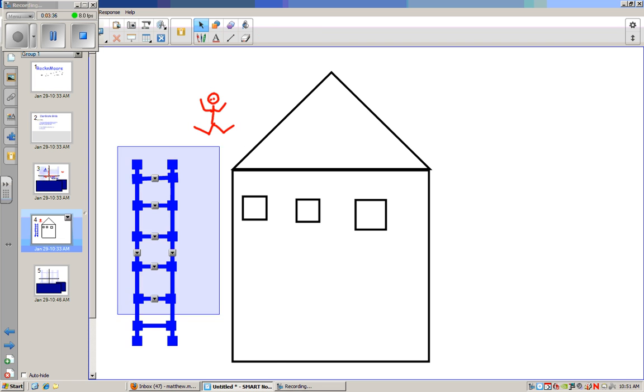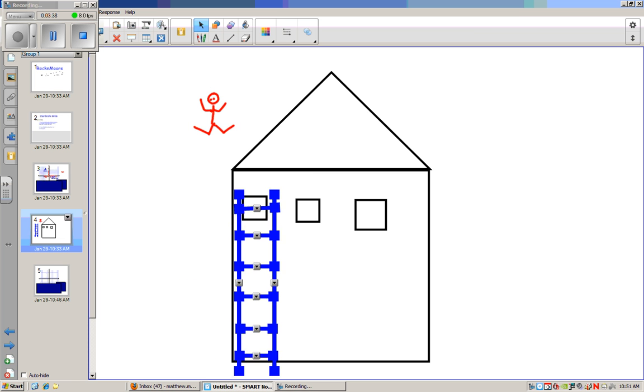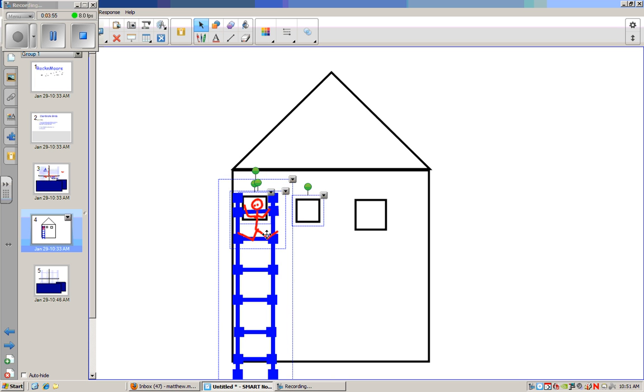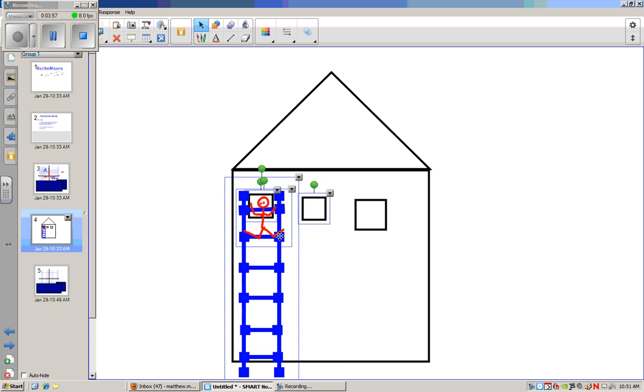He's going to put his ladder in place where he needs it, and then he's going to climb up the ladder. Well, there's Mr. Rockenstein, and he's ready to clean his windows. If he wanted to clean the next window, he's not going to try to go up the ladder first and then move the whole thing together, because then he would have to try and hop over like this. That doesn't usually work out well with ladders.